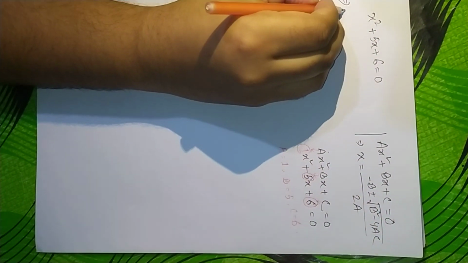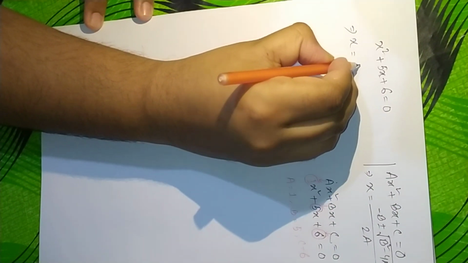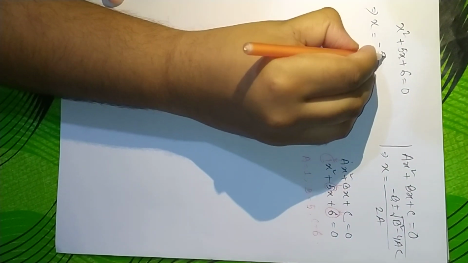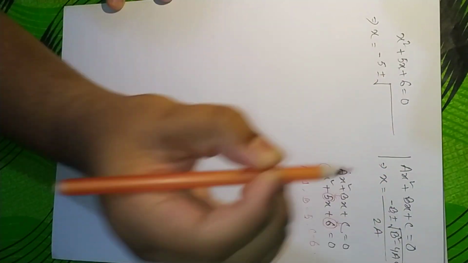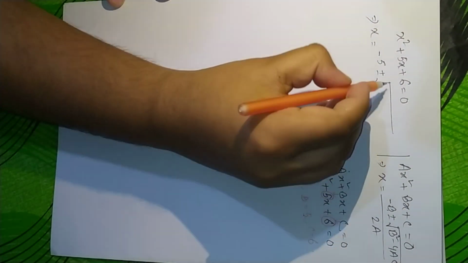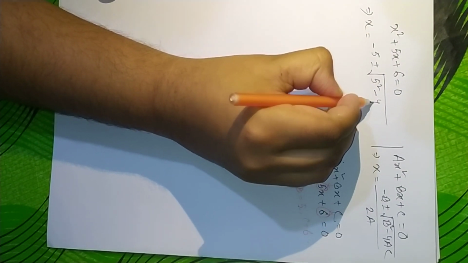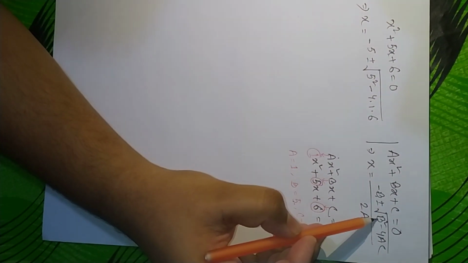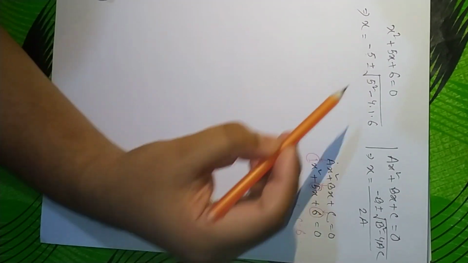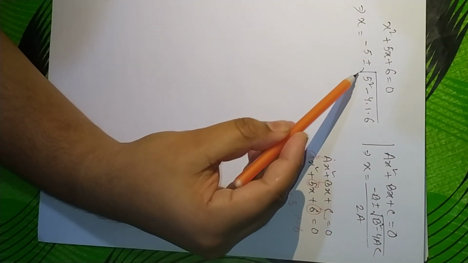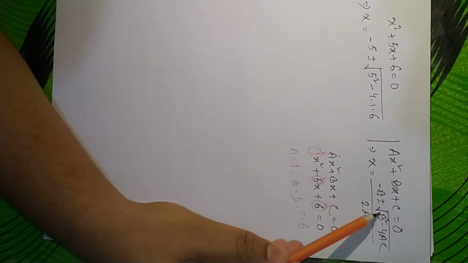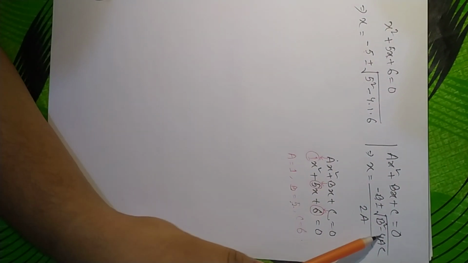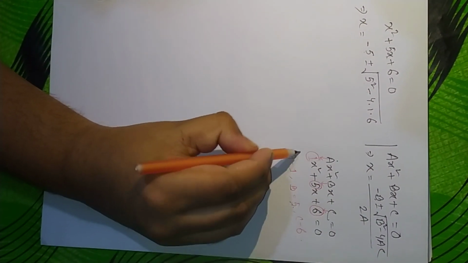So what was our formula? The formula was x equals minus b, so b means 5, minus 5 plus minus root over b square, that is 5 square, minus 4 into a into c. How do we get this?